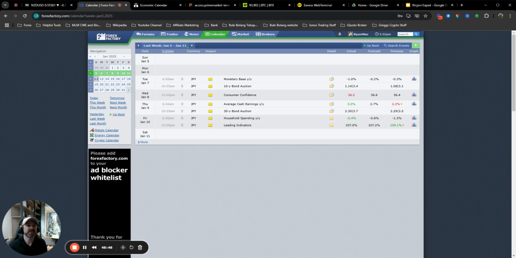Right, average cash earnings, yes. So why does people having more money, getting paid a higher hourly rate or higher salary, why does that boost the economy? Well, it's because when you have more money, what do you do? You buy more stuff, right? If you're in a job, and you get promoted or you just simply make more money, and the boss says, you're going to move from 21 grand a year to 28 grand a year, and you're like, happy days, cheers, easy.